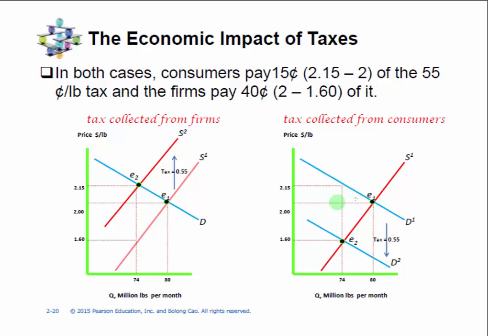But still, compared to the previous equilibrium E1, the consumer is paying 15 cents of the 55 cents tax, and the sellers are paying 40 cents of the 55 cents tax. Again, the conclusion is that it doesn't matter which party is paying. Both parties will share some of the tax burden, and the proportion depends on the slope.